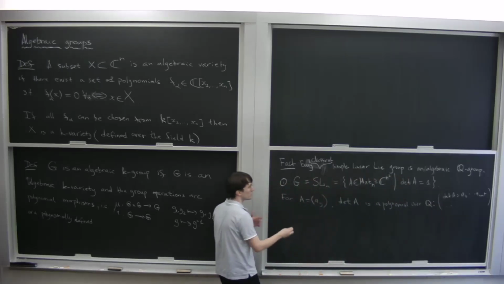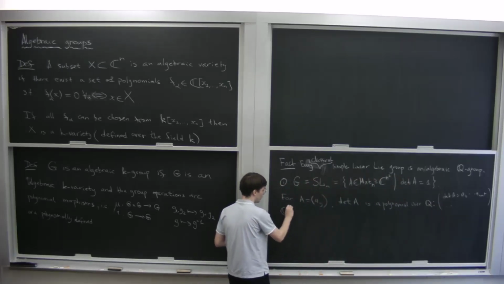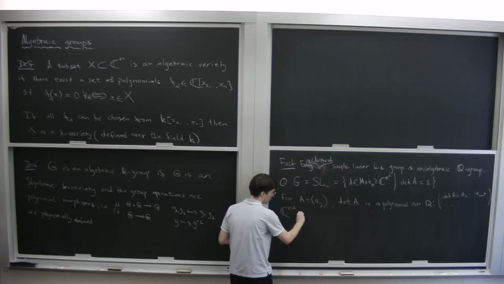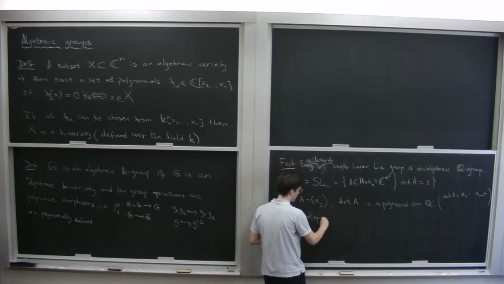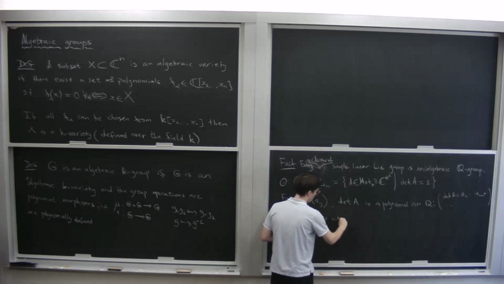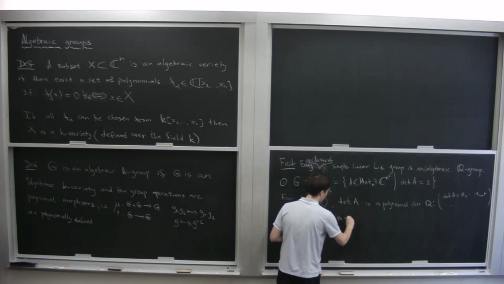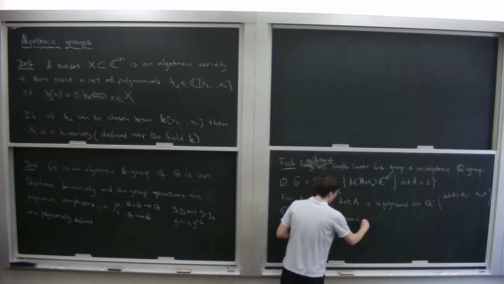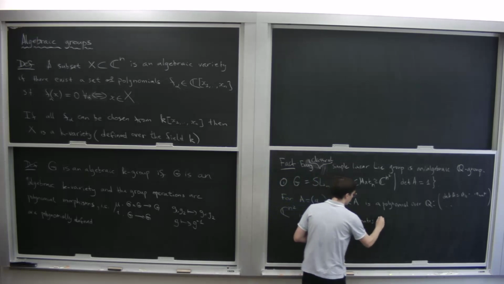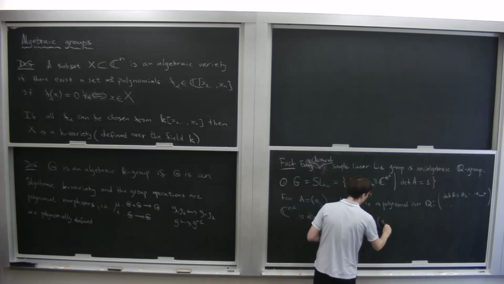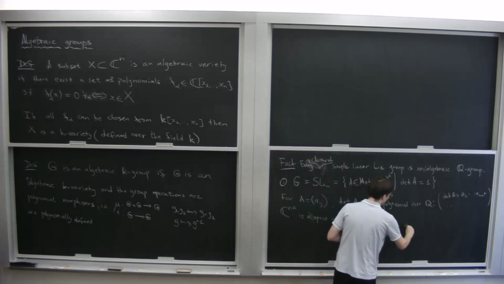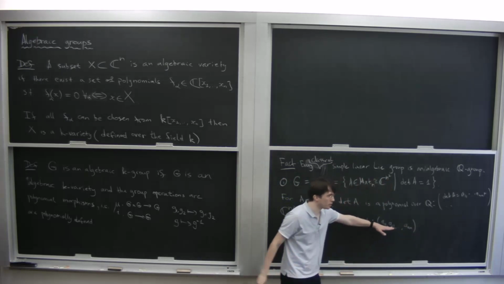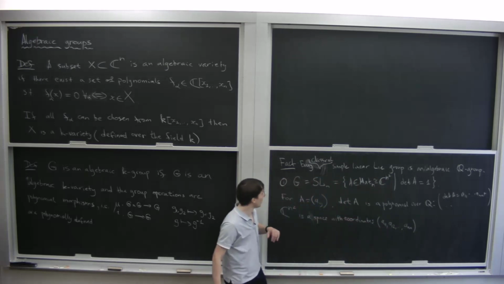And my C^(n squared) is just a space with coordinates A11, A12, and so on, ANN, precisely n squared coordinates.